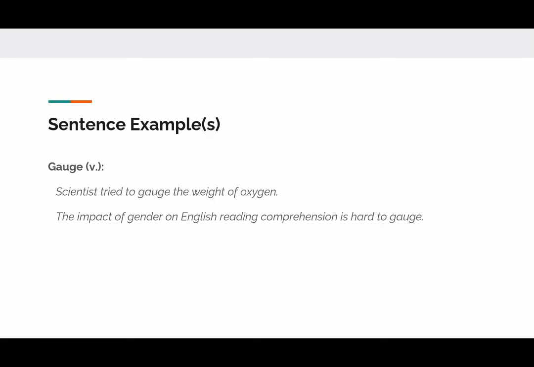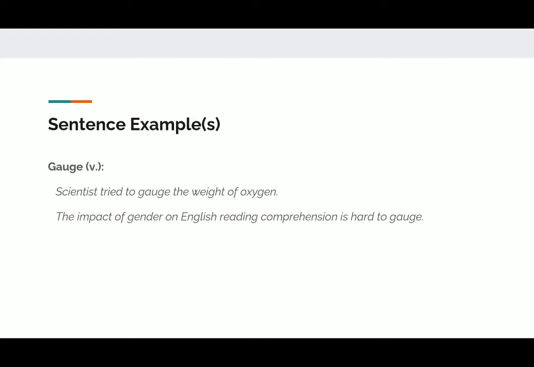In both sentences, gauge means to measure the dimension of something. The first sentence is the scientists are trying to measure the weight of oxygen. In the second example, the impact of gender on reading comprehension is hard to measure or hard to evaluate.